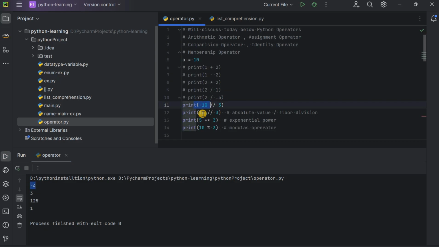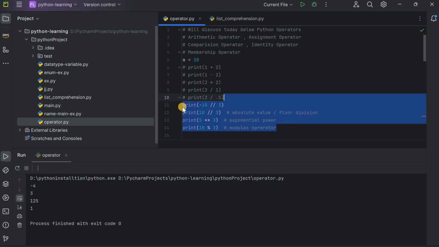With the positive value, the floor division gives 3, so we could expect minus 3, but here it comes as minus 4. This is a key point: in case of a negative value, it goes to the next lower value. It could sometimes be asked. I hope I have explained arithmetic from a beginner's perspective.